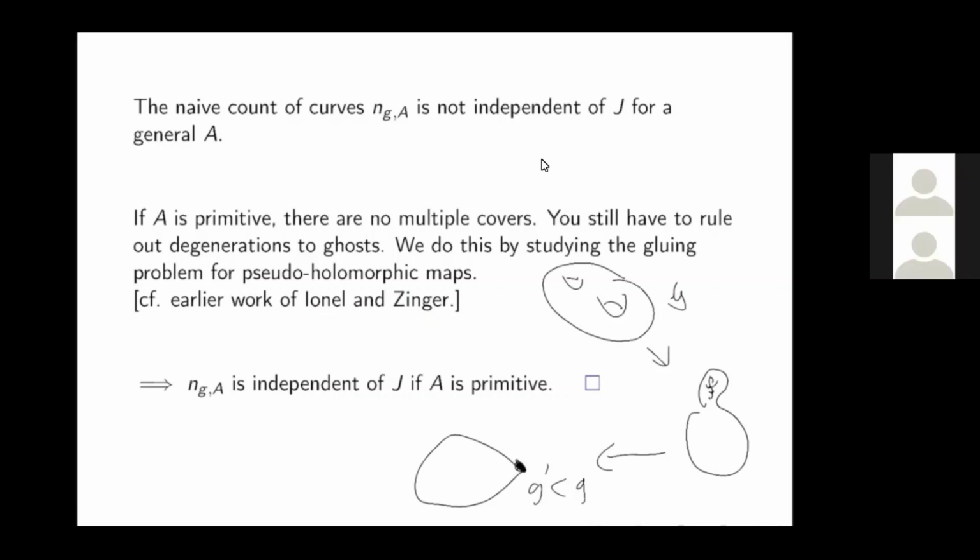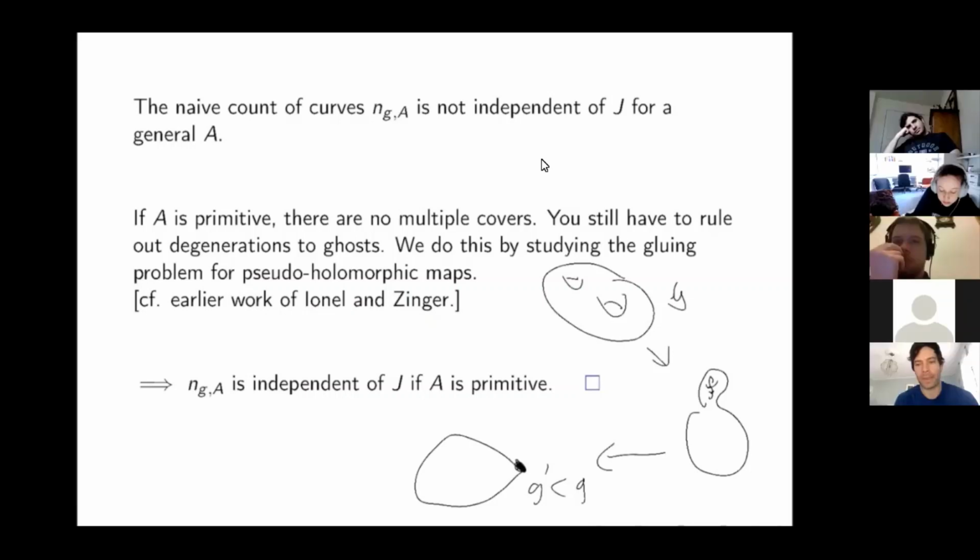In any case, the upshot is that when A is primitive, this number NGA is independent of J. And this is some sort of technical part, but the main reason is really that it is topological, that I cannot have a collapse to multiple cover. So are there any questions about this part of the proof?